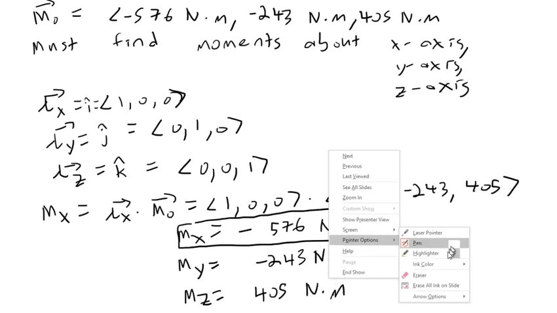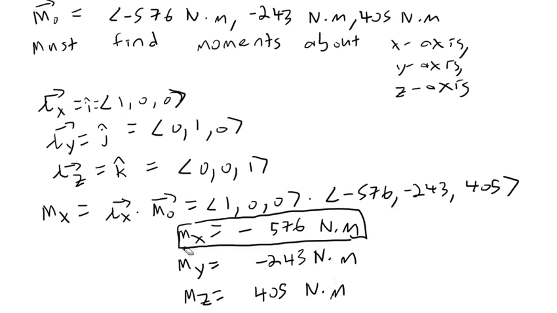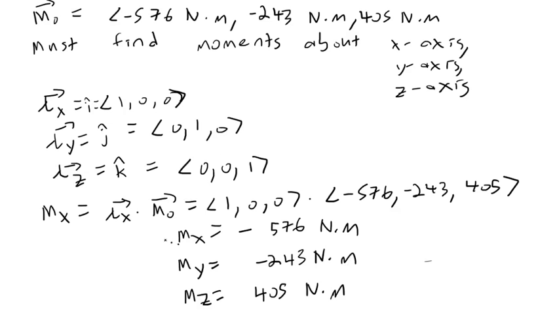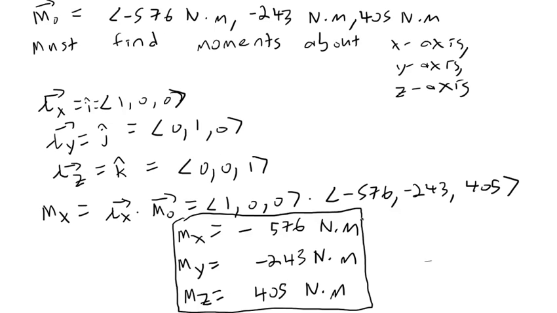I like this because this actually gets at what the vector components of a moment actually mean. What this tells us is that the components of a moment are the moment you get when you take that moment about a certain axis.